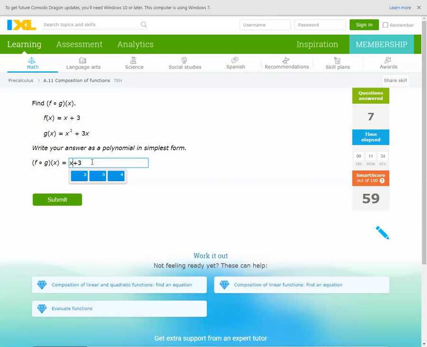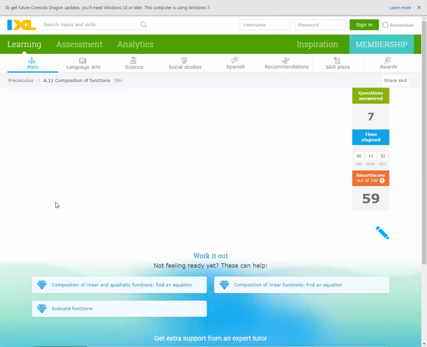The rule of g is x squared plus 3x. Okay, here we have 3 terms, x power 2 plus 3x plus 3. So this is the simplest form. Okay, making submission.